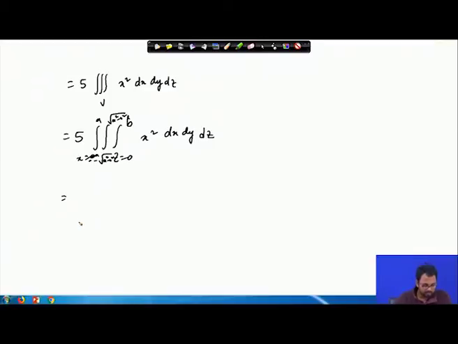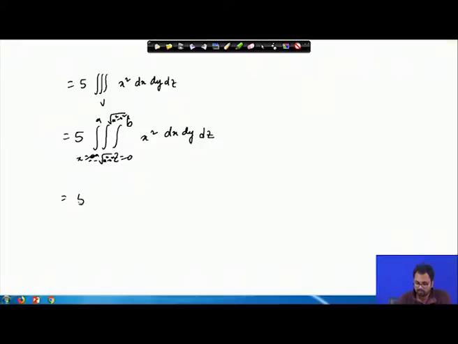So, first of all we can integrate with respect to x, but here we can see that there is a symmetry in a way. Instead of calculating over the whole circle, we can calculate in one of the quarters.